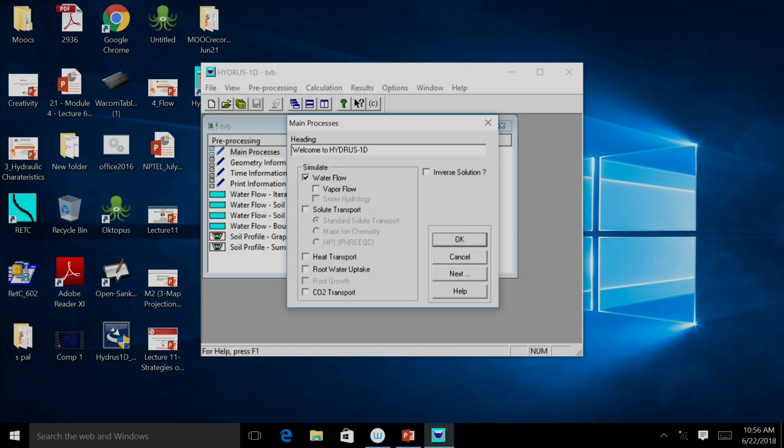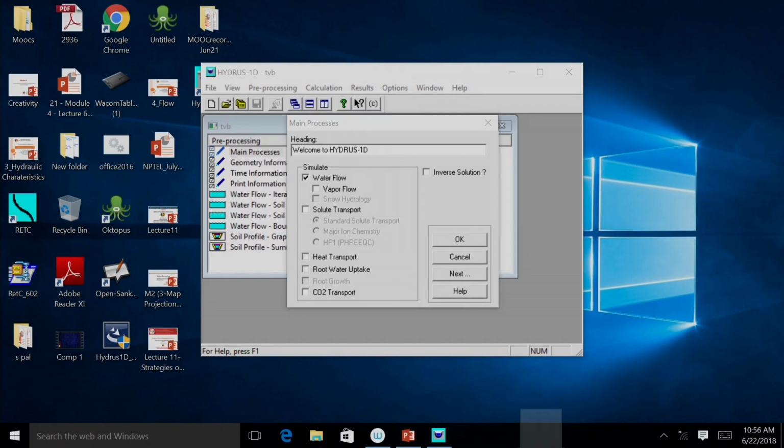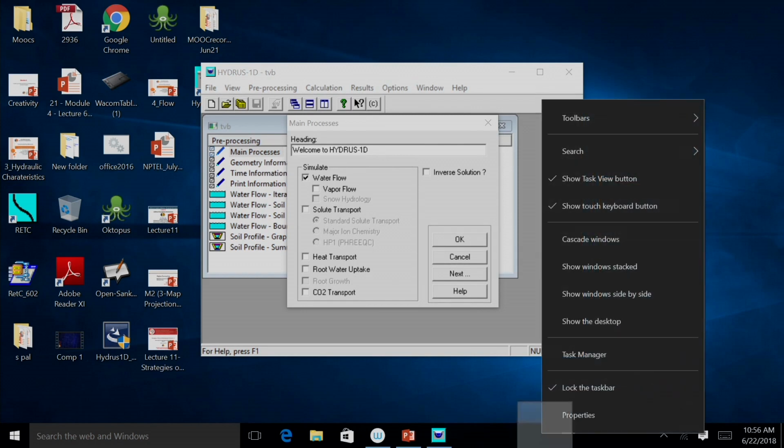Here we will concentrate on water flow alone, and this inverse solution is nothing but what I discussed earlier: if you want to estimate the hydraulic conductivity function and soil water characteristic curves, knowing the volumetric water content distribution with time and space, you can estimate those functions by inverse solution. So the inverse solution means that.